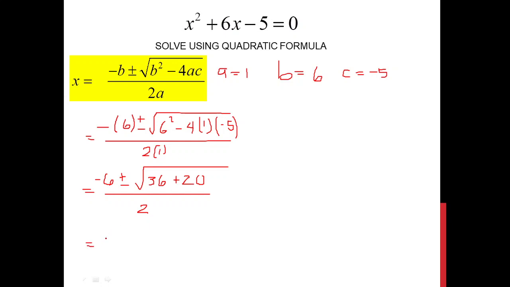Okay, let's simplify that one. Negative 6 plus and minus the square root of 36 plus 20 is 56, divided by 2. 56 can be factored as 4 times 14.